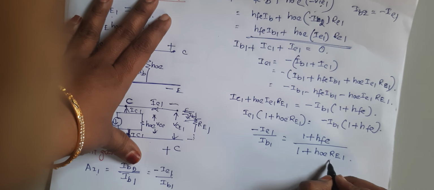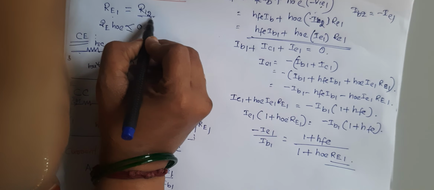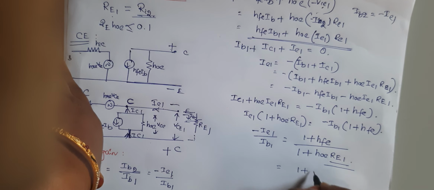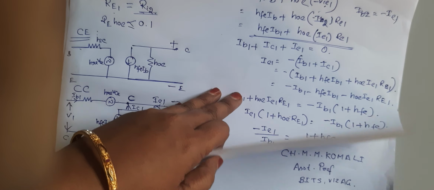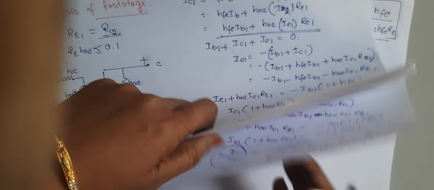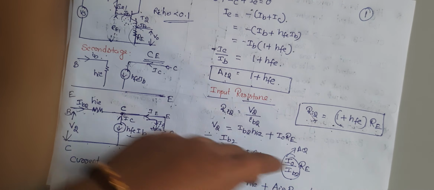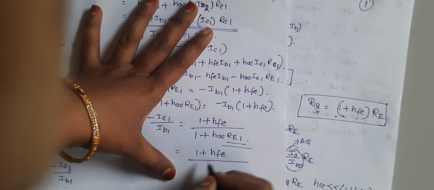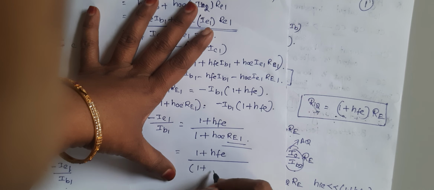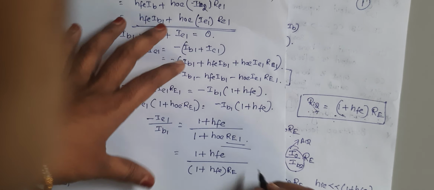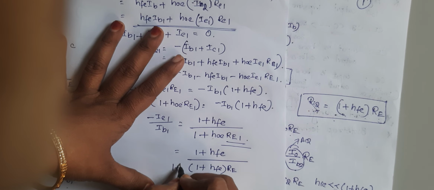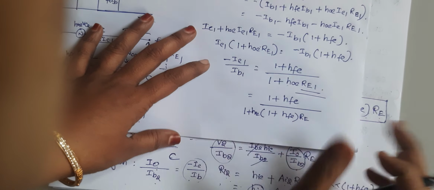Okay. So RE1 is equivalent to RI2. So this is the equation.